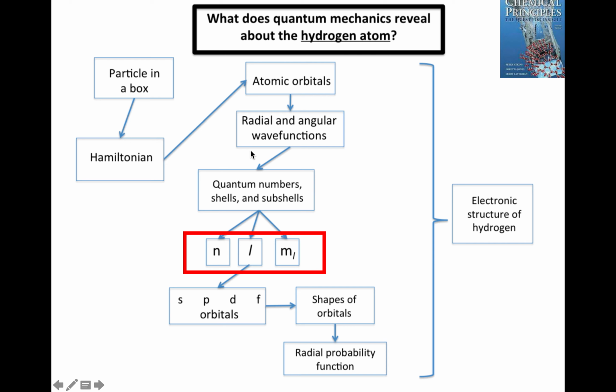We saw some quantum numbers that were describing the radial component. Others were describing the angular component. And thus far, the ones that we would be considering would be n, L, and M sub L. In a subsequent video, we continue on and see what this now means spatially and what the radial function is really telling us.